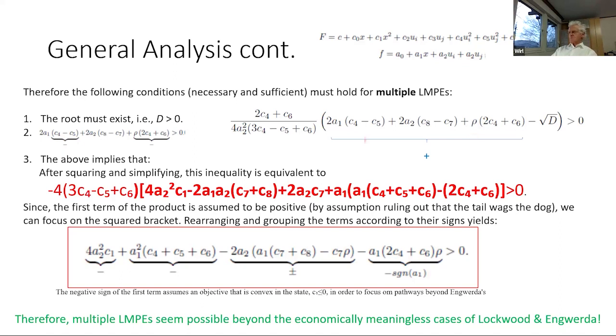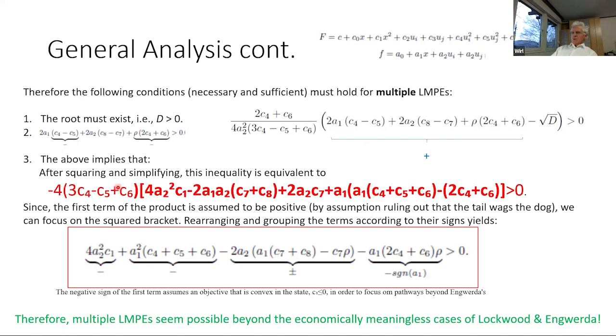Okay? So if this term is positive, we can move square root D to the right-hand side. Right-hand side and left-hand side are both positive. Okay, we can square and rearrange this and obtain this term.